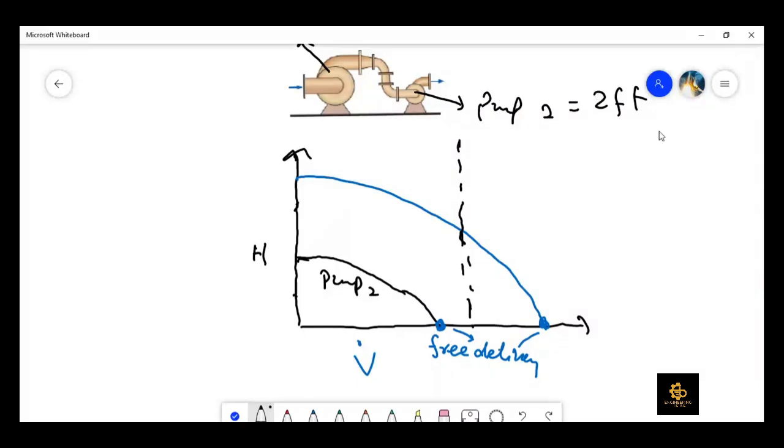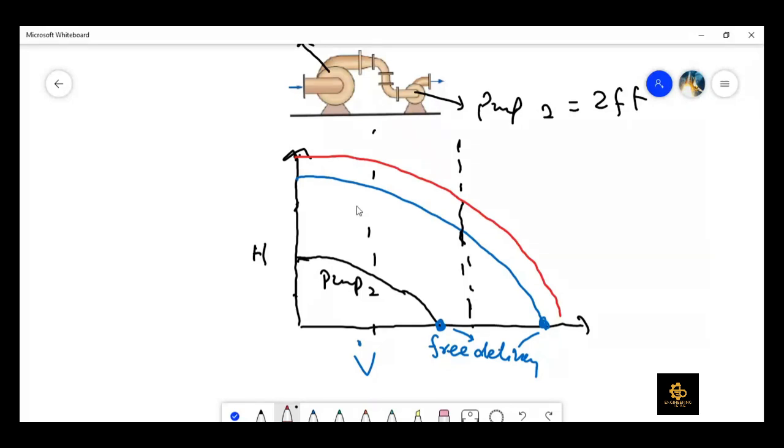Because in order to get 12 feet in total, we need to operate the volume flow rate somewhere here so that it can give us the additional 2 feet. Then this red line would give us the additional 2 feet.